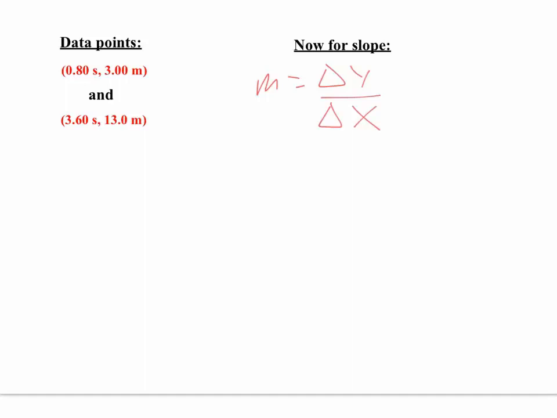You'll see that a lot in physics. Anytime you see that, it tells you that you're going to subtract two values: your final value minus your initial value for y, so y2 minus y1, over your final value for x minus your initial value for x, or x2 minus x1.